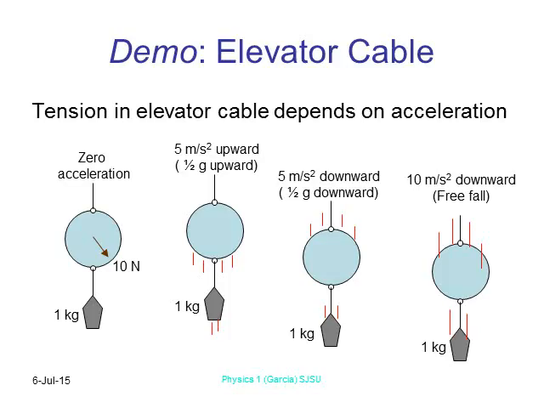So let's think about what happens in an elevator. If you've ever been in an elevator, and you know when the elevator decides to go up, right? If you accelerate up, you are going to feel that acceleration as if you are heavier, all right?